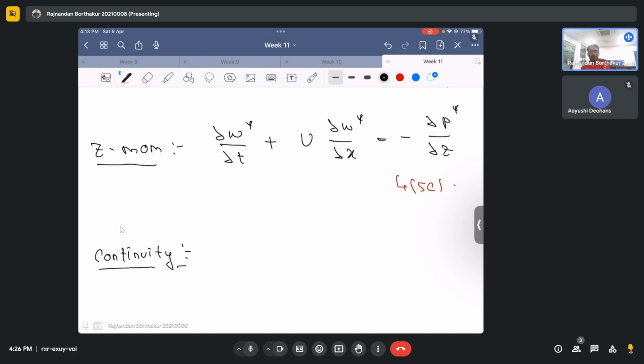Once you use the stream function approach, the continuity is inherently satisfied, and that's why we don't care about the continuity equation much. But in principle, we should also write the continuity equation, which is basically this, plus del v star by del y plus del w star by del z is equal to 0. Maybe I should name it as 5D.